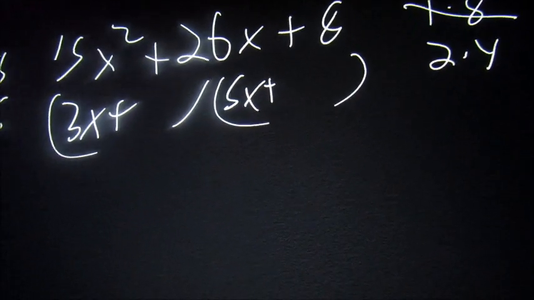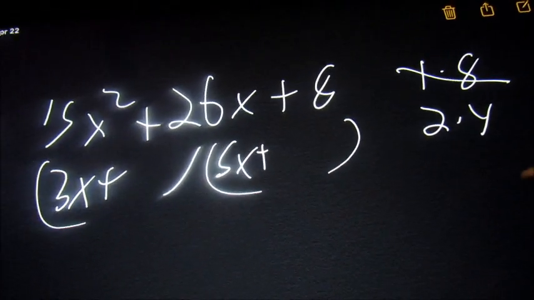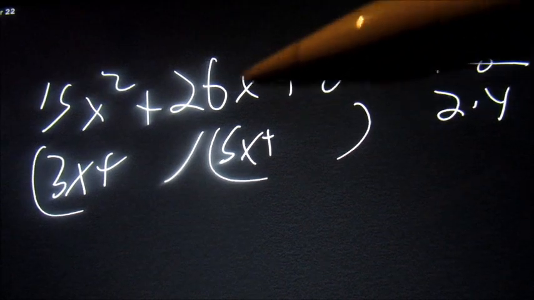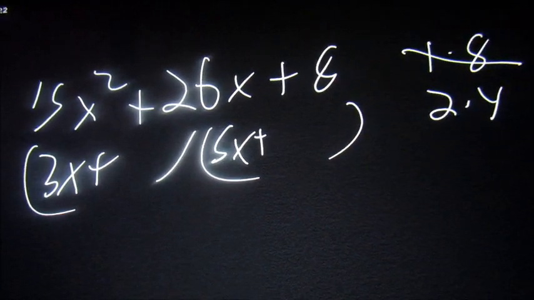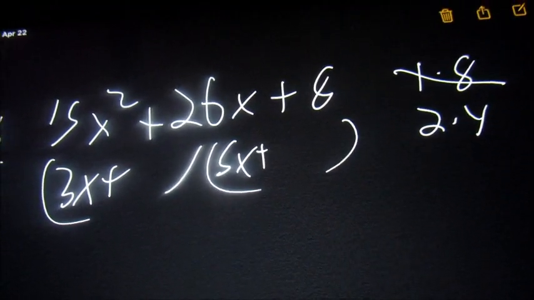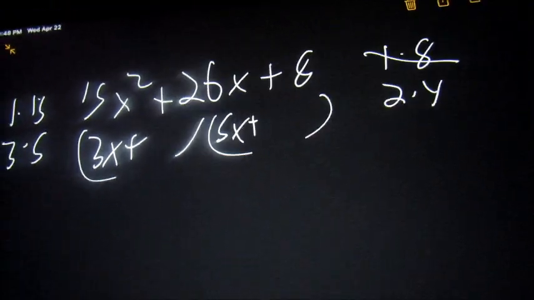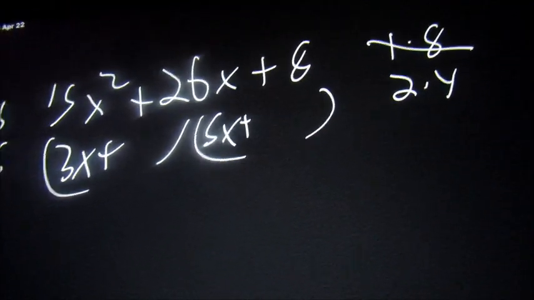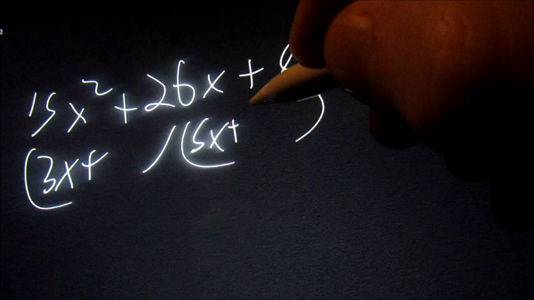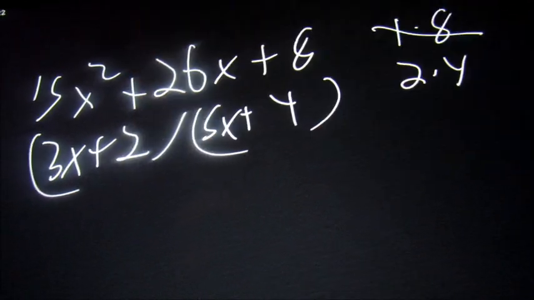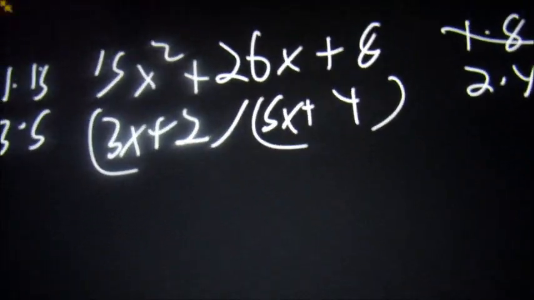So what we want to do is get somewhere where 3 times one of these plus 5 times one of these equals 26. So I'm going to do it wrong first. I'm going to put 4 and 2, like that.